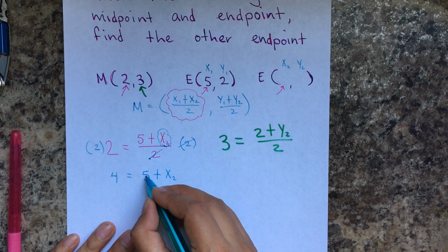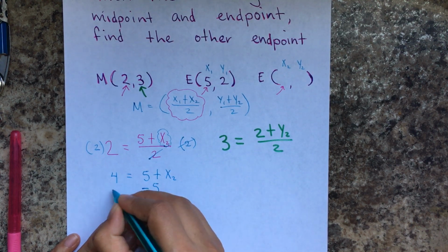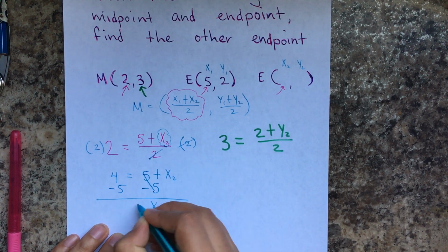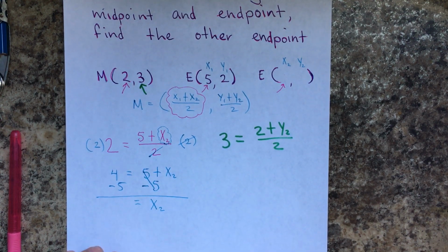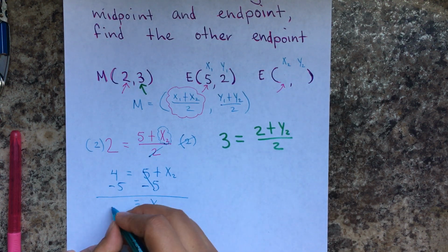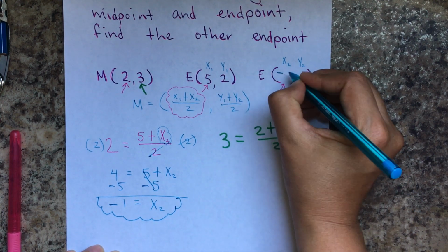And then if I'm adding 5, the opposite of adding is subtracting 5. And so the x for the second endpoint is going to be 4 take away 5, which becomes -1. Okay, so that's my value here, -1.